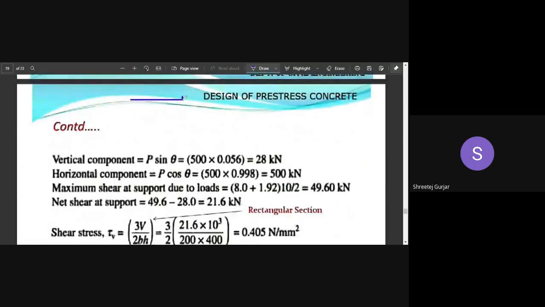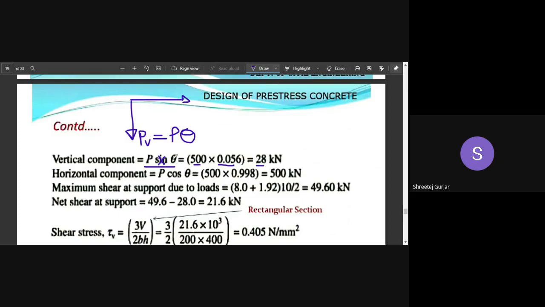It has a horizontal component, it has a vertical component. We are concerned with the vertical component, which is P sine theta. But since this theta is very small, we can neglect sine, and we can consider PV as P theta. So P is given as 500 into theta, which is 0.056. That is equal to 28 kilonewton.